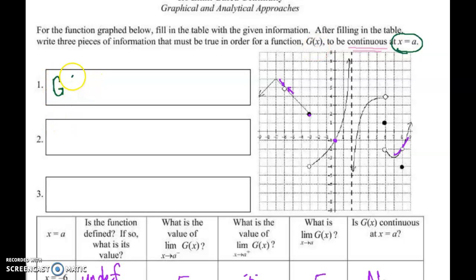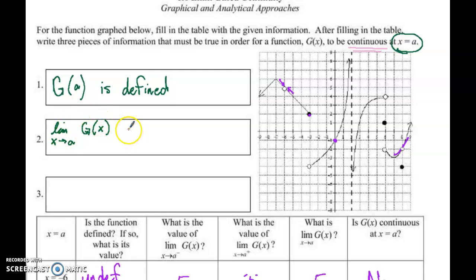The first thing that we want to identify is that the function is defined at that point. The second thing that we want to make sure is that the limit as x approaches a of that function, g of x, but remember it's just the name of it. Don't get hung up that I'm using g instead of f or something.